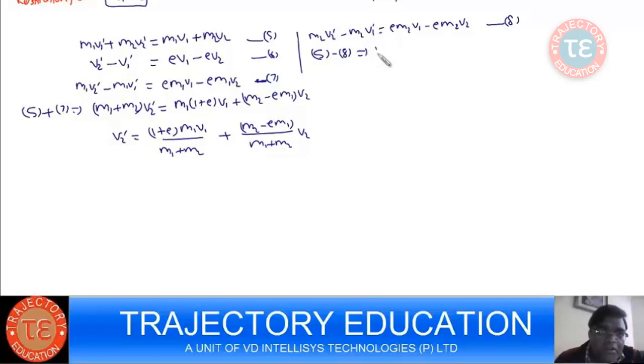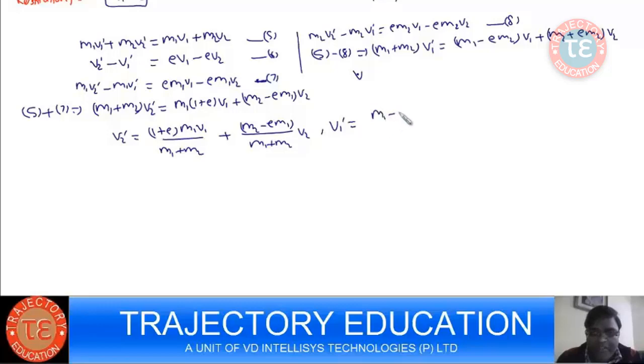That will give me (m1 plus m2) v1' equals (m1 minus e m2) v1 plus (1 plus e) m2 v2.